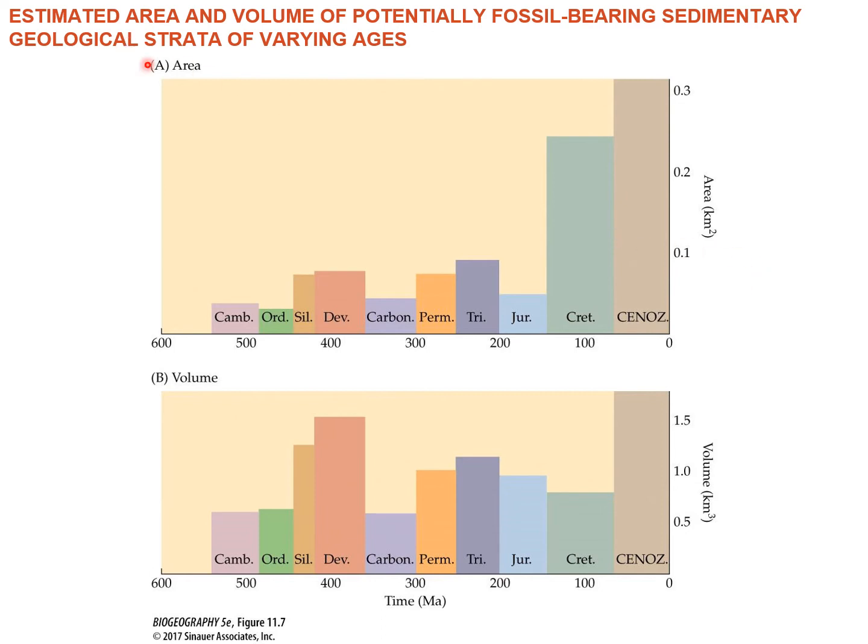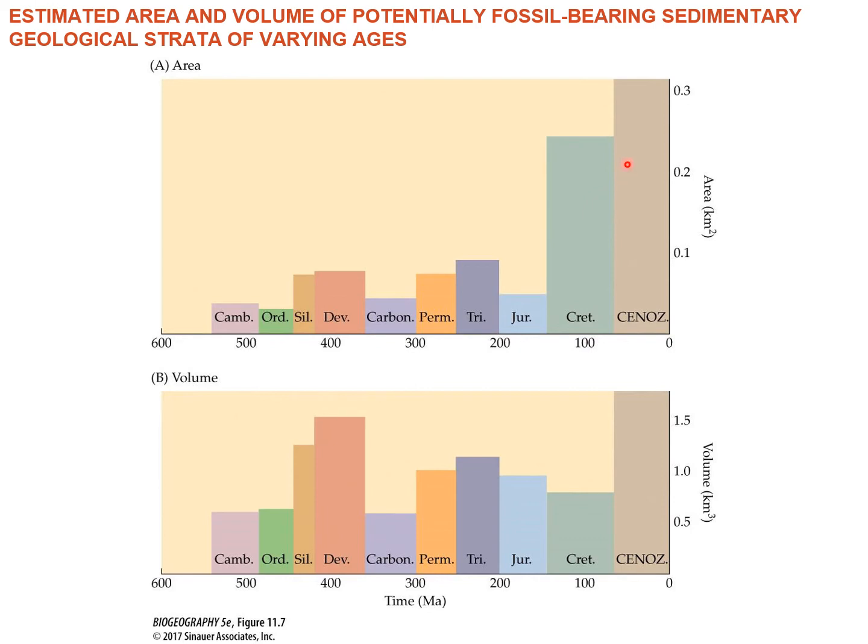So here, I like this figure. I've never actually seen this figure before until I was putting this together. This is the estimated area and volume of potentially fossil-bearing sedimentary geological strata of varying ages. So basically, how much of the Earth could contain fossils, by area and by volume, going back through time.